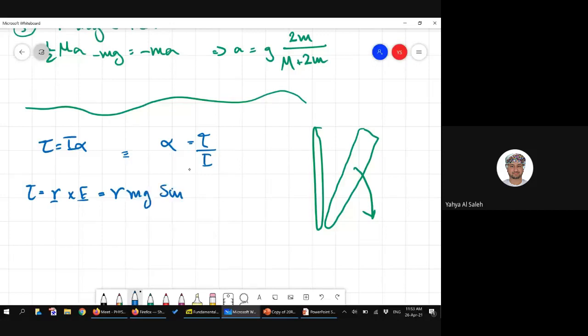In this case, the only force we have is gravity. So we end up with R mg sine theta being our torque.